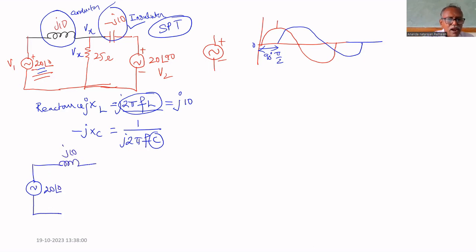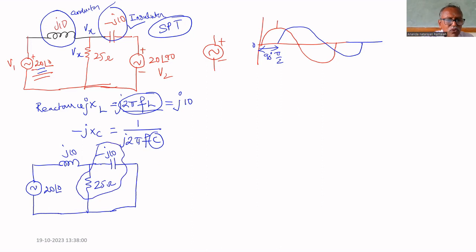J10, 25 ohms, J10. Now these two are in parallel.